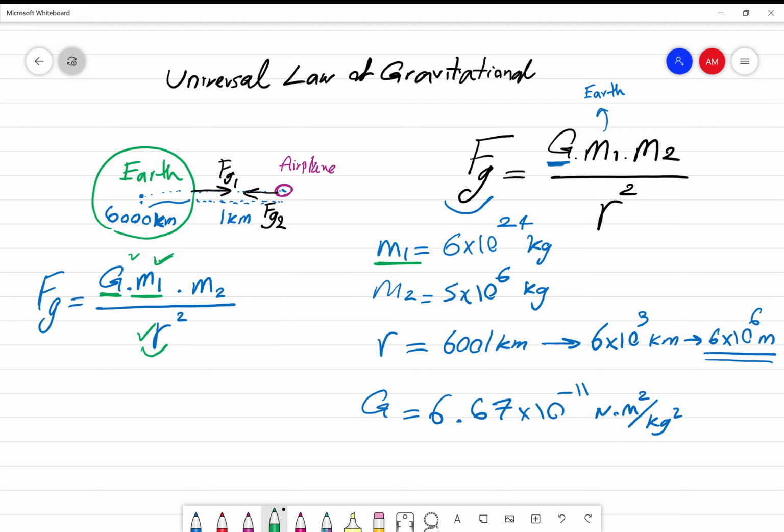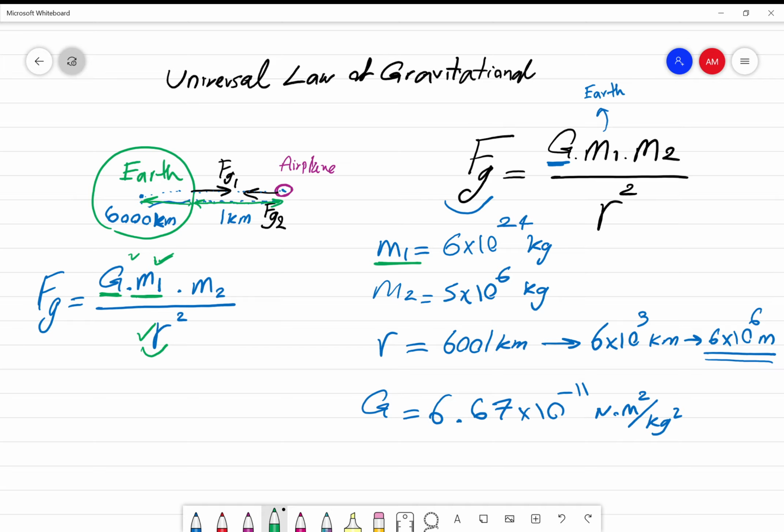Also, R doesn't change. Now I know that R is 6,001 kilometer here. But the distance between the Earth's surface to the object compared to the radius of Earth is very low. Now, what is the radius of Earth? 6,000 kilometers.